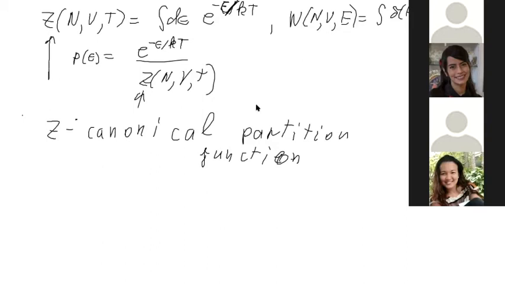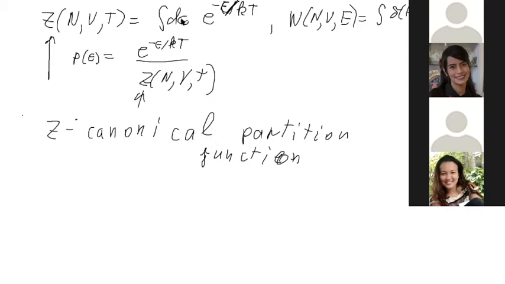All right. What I wanted to tell you is the following. So far we defined this partition function for energy. So we basically have found the way to represent the probability of a macro state of a given energy.